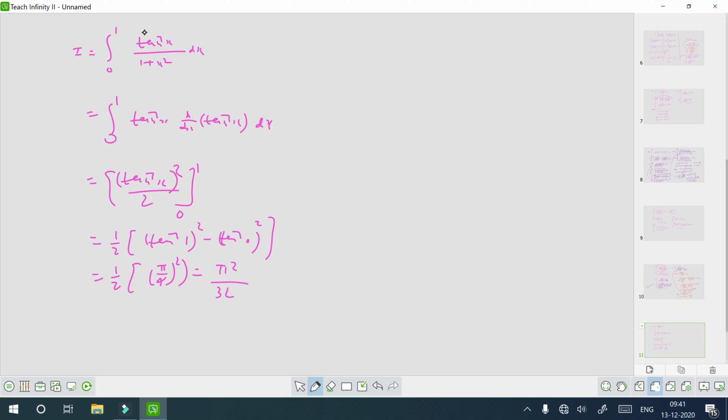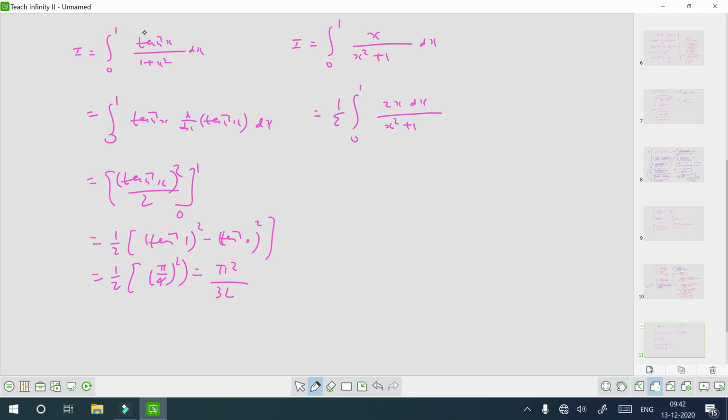Yes or no? Yes. Now let us take 0 to 1 x over x square plus 1 dx. What we have to do? That is equal to 1 by 2 multiplied and divided by 2. Why? Because of its derivative.